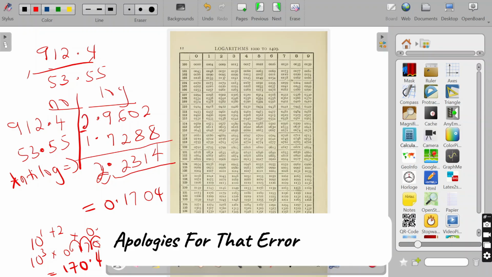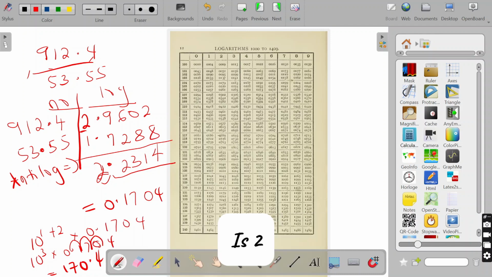Apologies for that error. If this is 2, then this becomes 1.